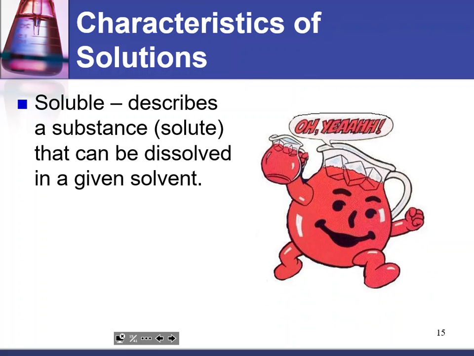Now, there is a little bit of a difference when we're talking about soluble versus precipitate. Soluble is, will it dissolve? If I'm just taking a salt, could be any ionic compound, and I'm dumping it in water, if it dissolves, it's considered soluble.